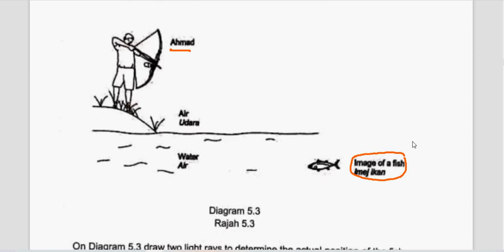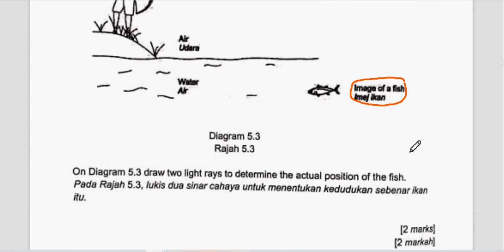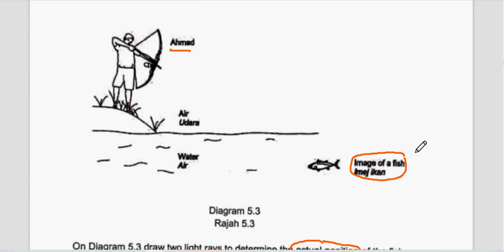This is the image of the fish seen by Ahmad. The diagram shows two light rays to determine the actual position of the fish. Okay, how to draw this?